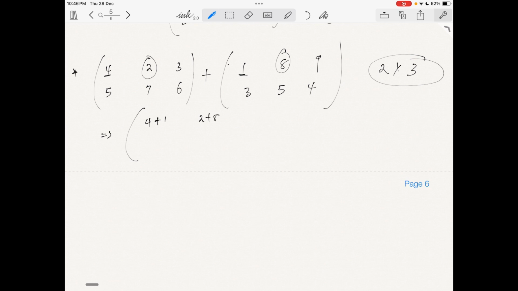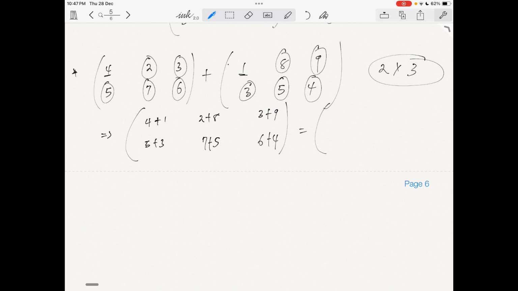The first row, third column of each. Then the second row, first column, 5 plus 3. Second row, second column, that's 7 plus 5. And the second row, third column, that will give me 6 plus 4. The result will give me 5, 10, 12 and 15, 12, 10.